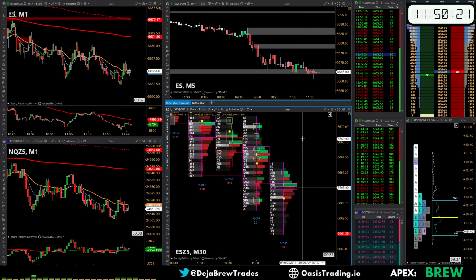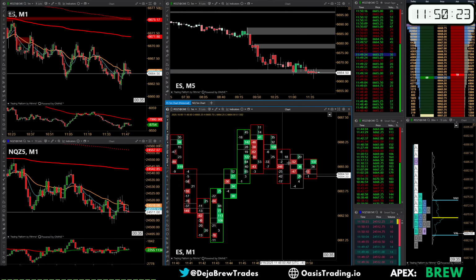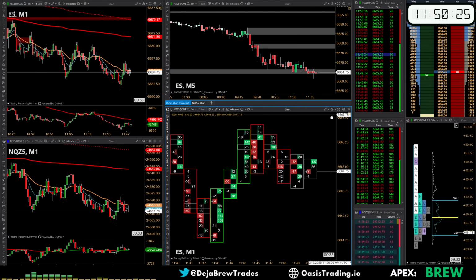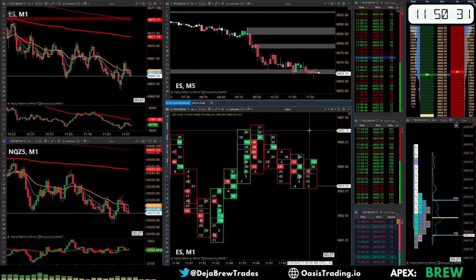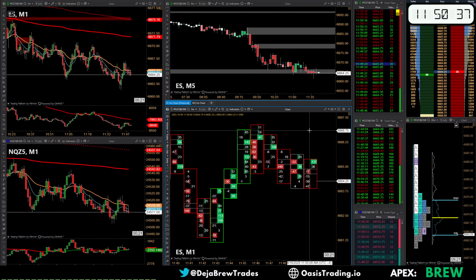Trying another 30-minute sweep here. Like I said, 30-minute sweeps are a very good start to a potential market structure shift, right? If it turns into a sweep that ends up being the low of the day or high of the day, what happened step by step was the sweep started, then you broke structure by putting in, in this case, a higher low and then a higher high.